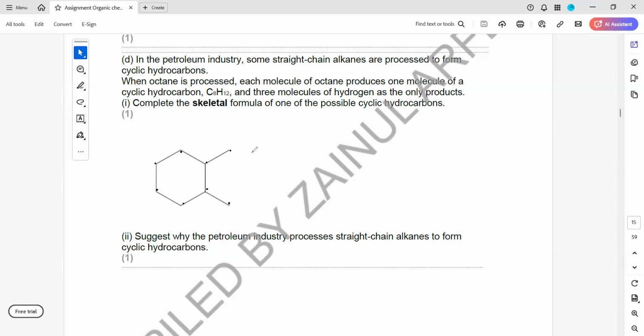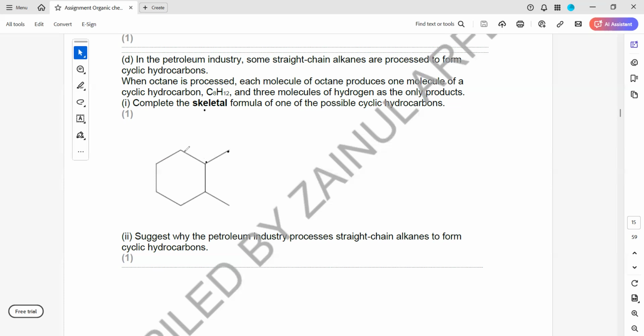So we have to complete the skeletal formula for the possible product. As I mentioned here, when octane is processed, one octane produces one molecule of a cyclic hydrocarbon, and it is also producing three molecules of hydrogen. So what is the molecular formula of this compound?